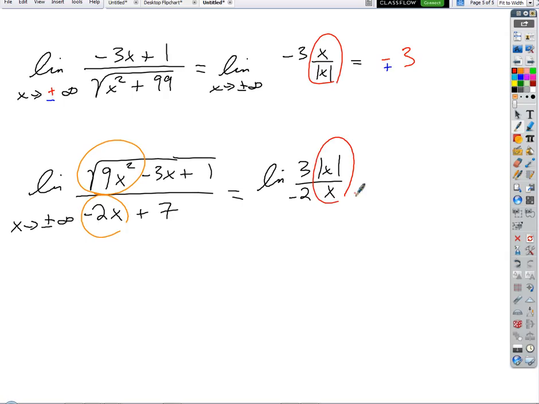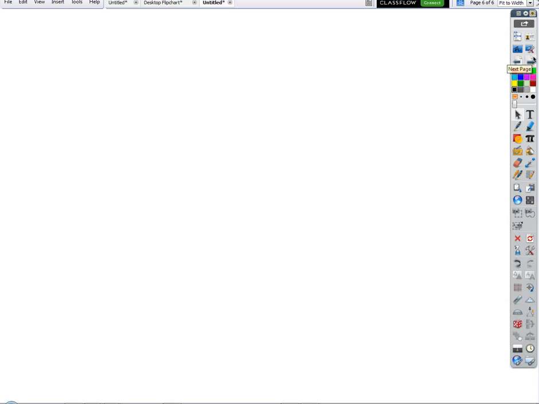And so we end up with negative or positive 3 halves. Because when x is positive, I'm multiplying by a negative fraction, so I get back negative. See what I'm saying? Okay? Good. All right, so then what I want to do, last one.